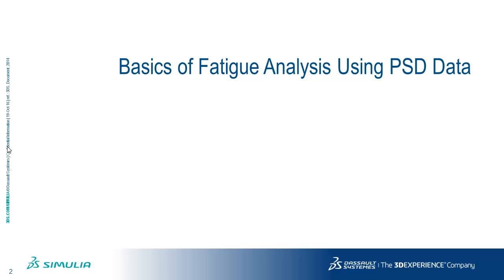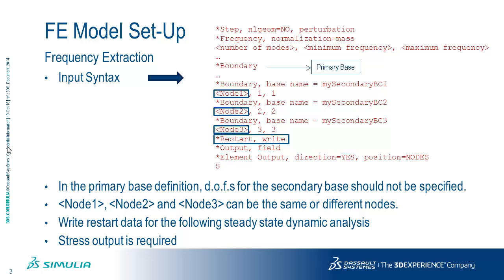So first, I want to revisit the basics of the PSD fatigue. In order to use the PSD fatigue functionality, for now, you need two input files. The first one just extracts the natural frequency of your structure. By using this one, you can extract the modes and the modal stresses.